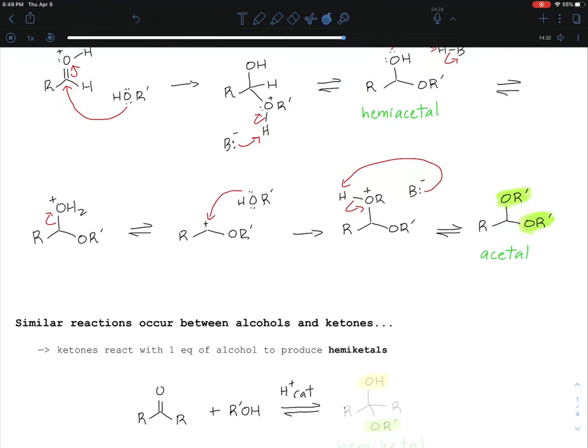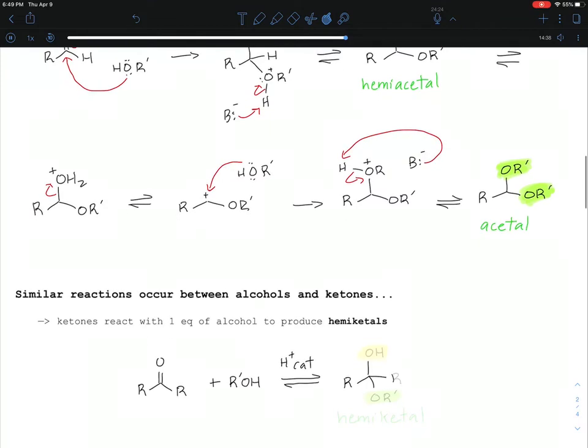What do I get? I get a hemiketal. See, we have half here. There's the alkoxyl group. There's the hydroxyl group on the same carbon.